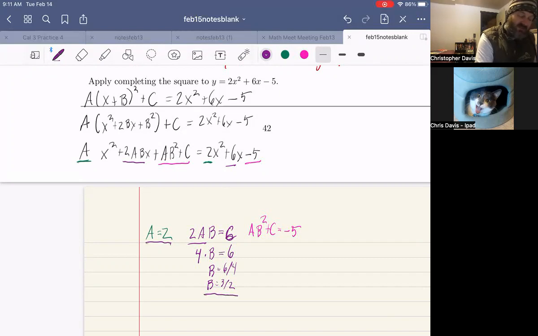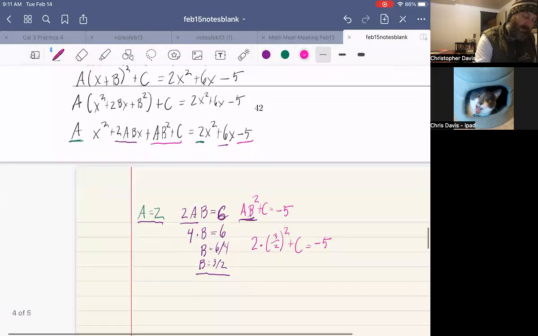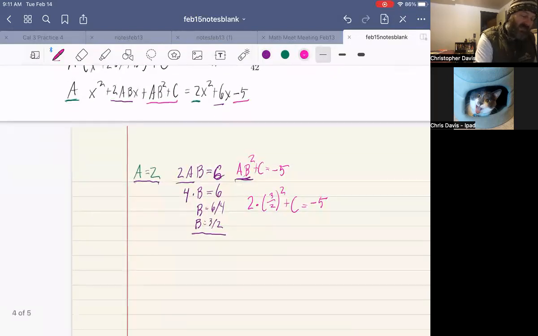Let's plug those in to try to figure out C. So let's take that bit and plug some things in. So A is 2 times 3 over 2 squared plus C equals negative 5. All right, so doing that, 2 times 9/4 plus C equals negative 5.